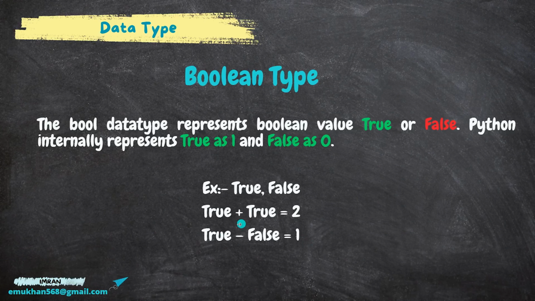Because if you consider true as 1, then 1 plus 1 is equal to 2. False means 0, so 1 minus 0 is equal to 1. In this way it will calculate. This is one of the built-in data types. We'll see this example later in the practical session, then everything will be clear. I hope you understand.